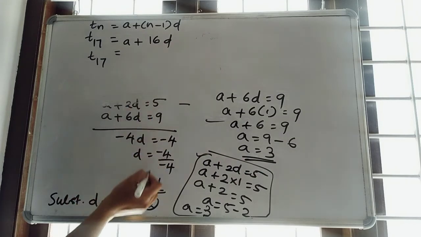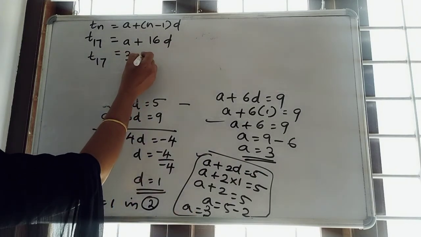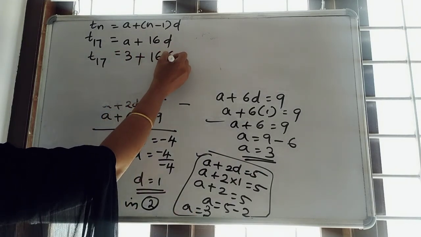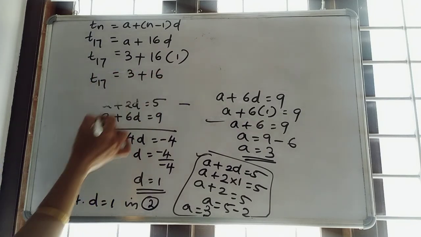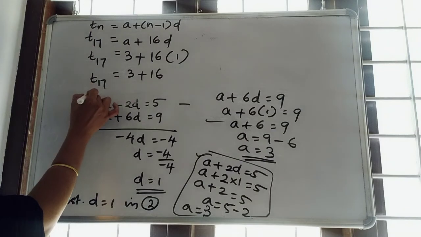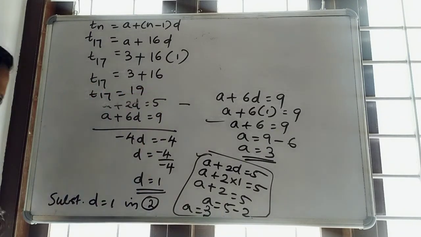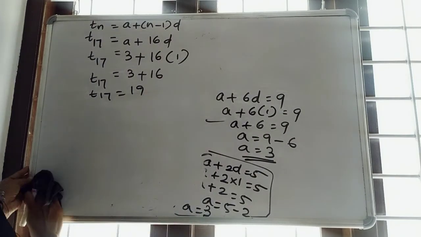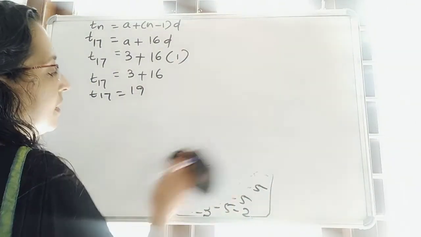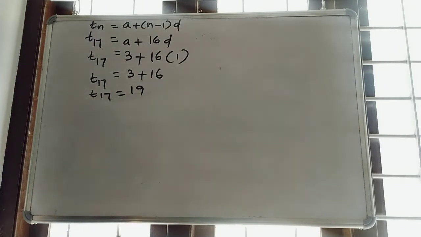A we got as 3, plus 16 into D, which is 1. So T17 is 3 plus 16. So T17 we got as 19. So that is the final answer. The 17th term, we got as 19.